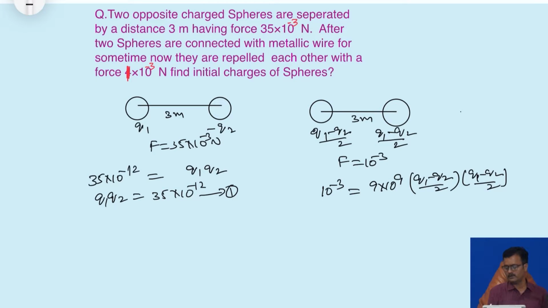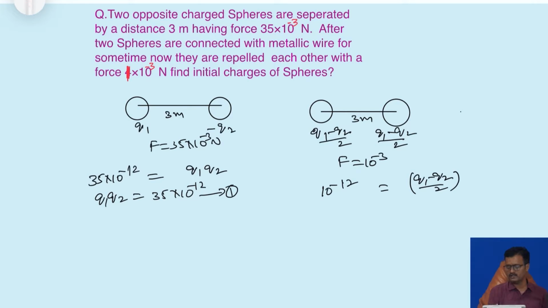So (q1 minus q2) by 2 into (q1 minus q2) by 2, that is whole square, by r square, that is 3 square, which is nothing but 9, 9 cancel. Bring 10 power 9 to the other side, then it becomes denominator. Again bring to the numerator, then it becomes 10 power minus 9, minus 9 minus 3, that is minus 12.